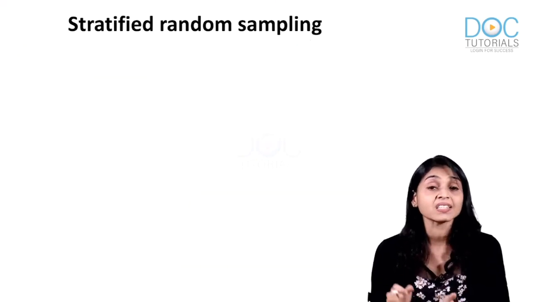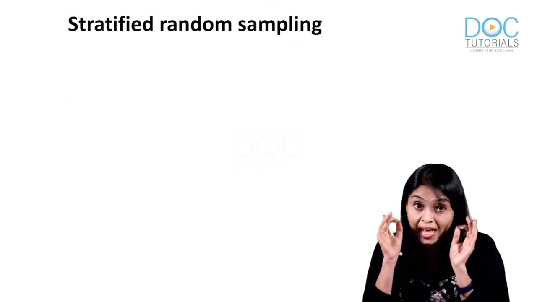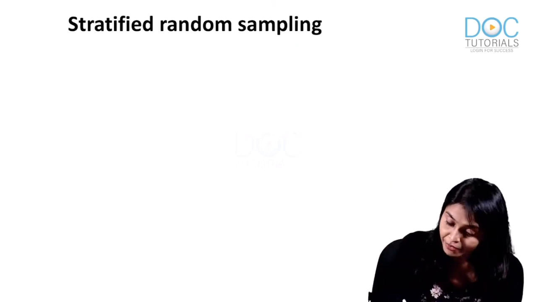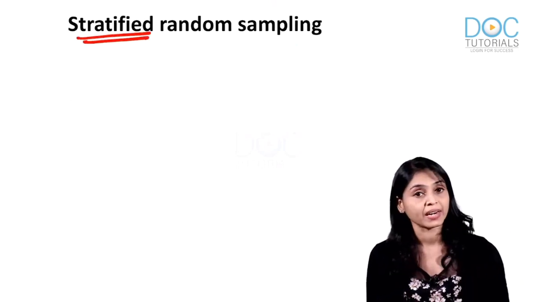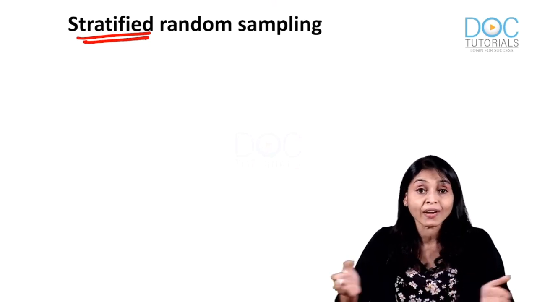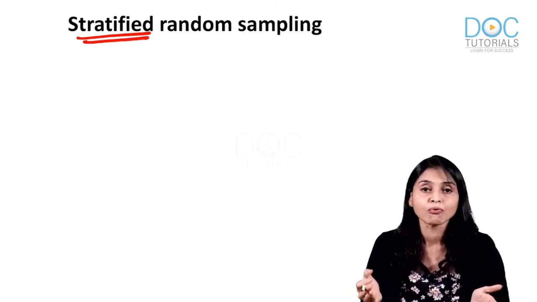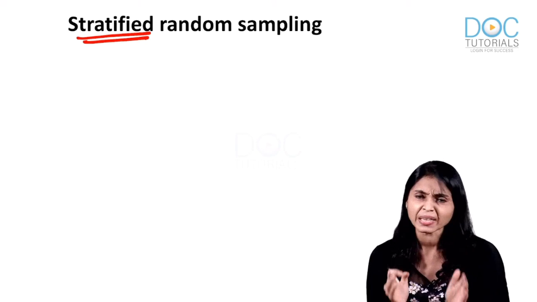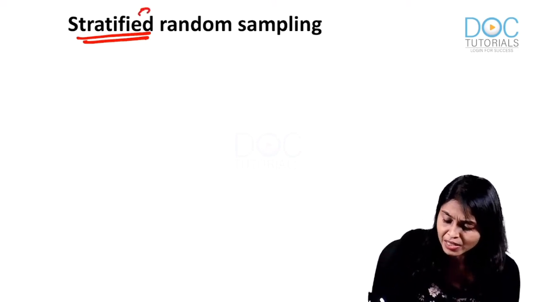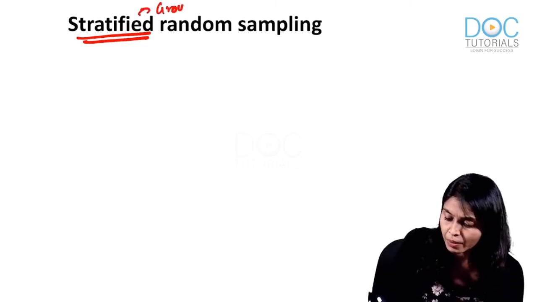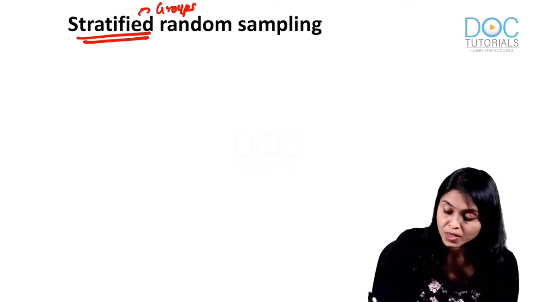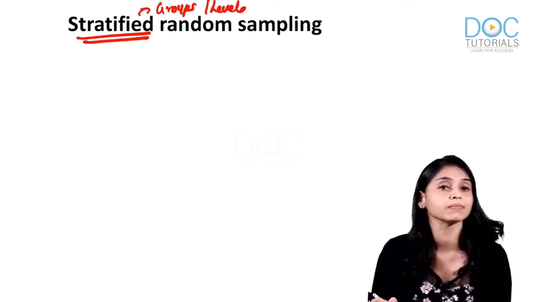Okay. Next is stratified random sample. As the name indicates, stratified random sampling is known as stratified because you are stratifying the population before taking the sample. By the way, what do you mean by strata? Strata means levels or groups, right? You are making them into homogeneous groups or different levels.